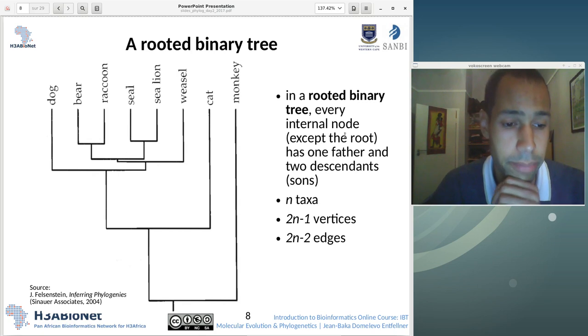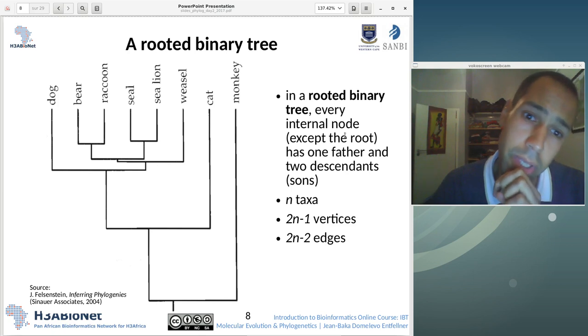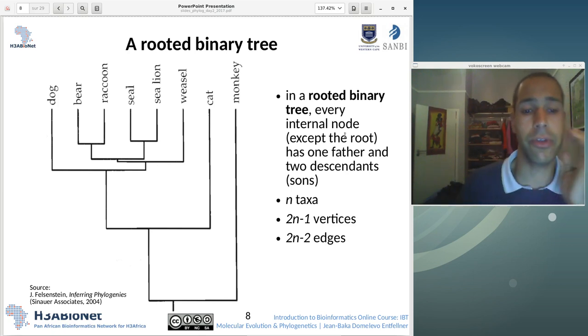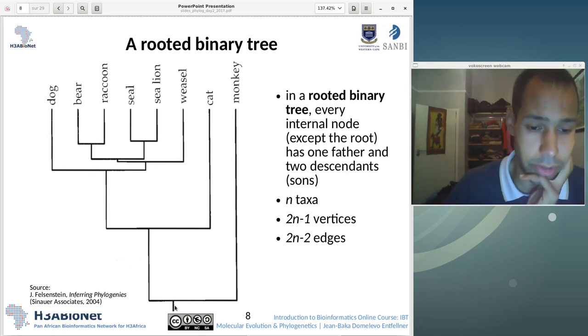Here is an example of a rooted binary tree. It's a tree on mammals, and that's just an example of a rooted binary tree. We see it's rooted because we have this node that has no ancestor. There is no ancestor node to this one.